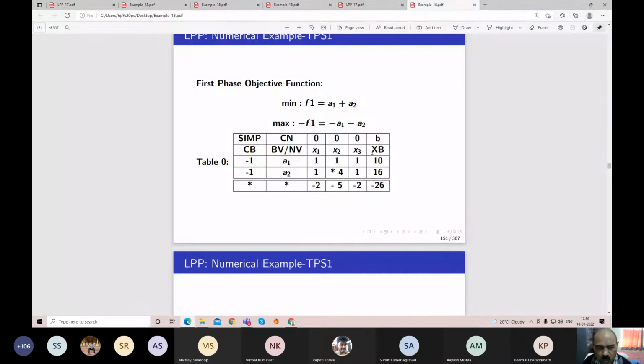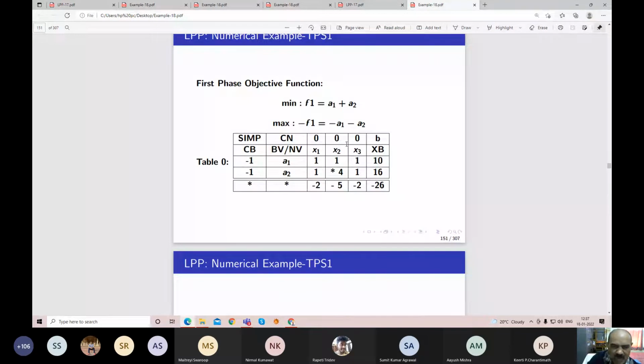In one room, one of them will stay, either a basic variable or a non-basic variable. These 2 are the blocks of the basic variables, and these 3 are the blocks of the non-basic variables. So x2 will come to the A2 place, and A2 will come to the x2 place.